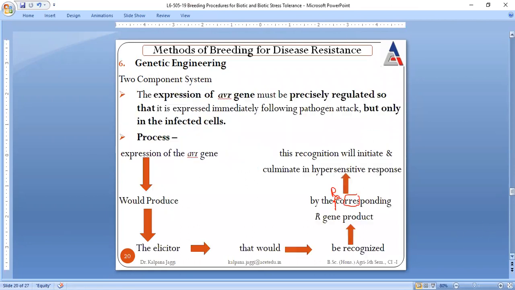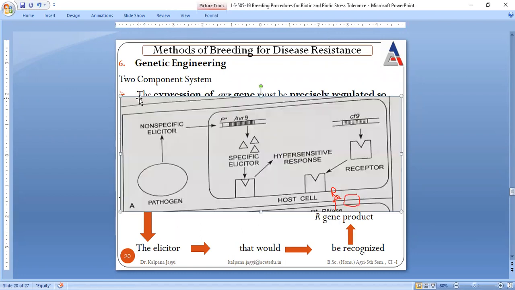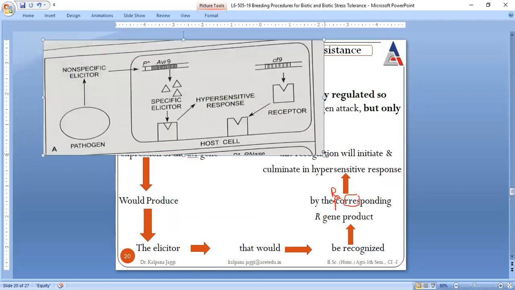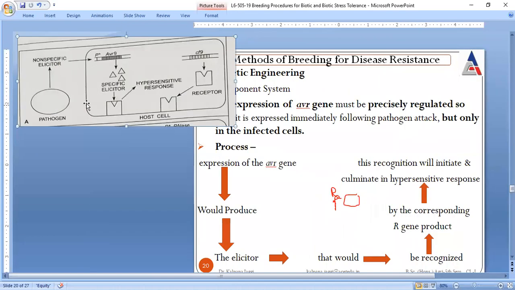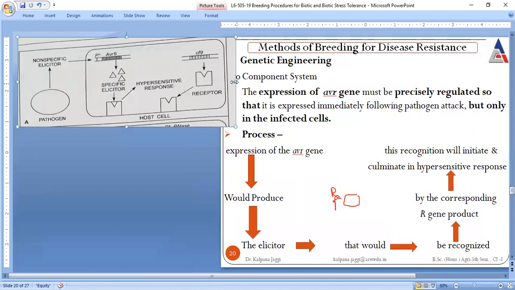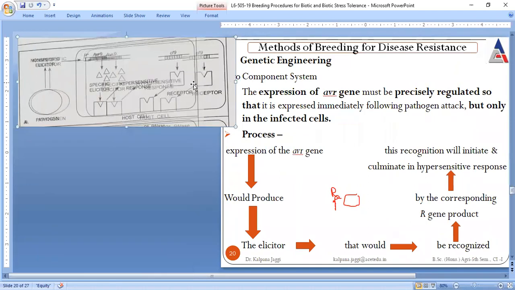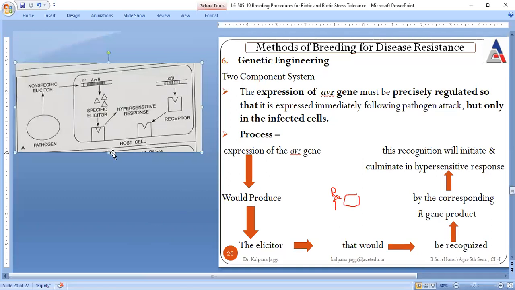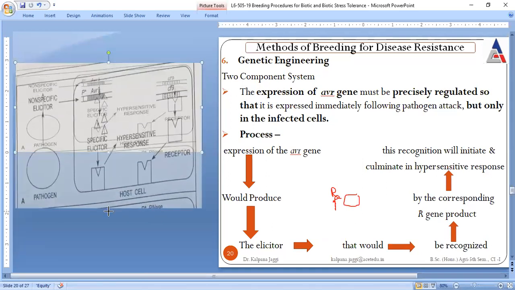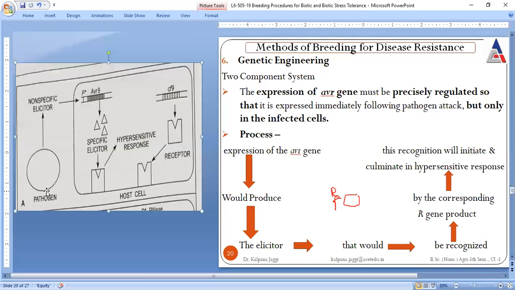Now, here this is the process that is actually taking place. So what is happening in this two component system? Whenever the pathogen attacks this host cell, it attacks through the production of a non-specific elicitor.